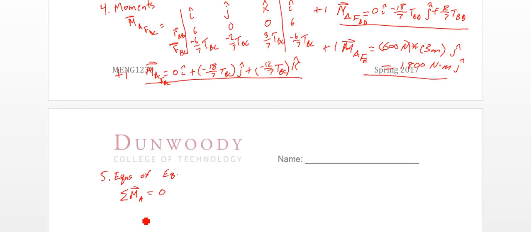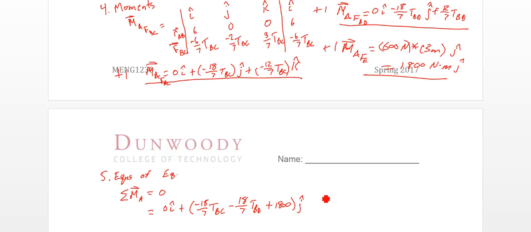So we're going to have 0i plus 0i plus 0i. So we're going to have 0i, and then we're going to have -18/7 BC minus 18/7 BD and 1800 j. Those are all j. So we're going to have -18/7 tension BC minus 18/7 tension BD plus 1800 in j.